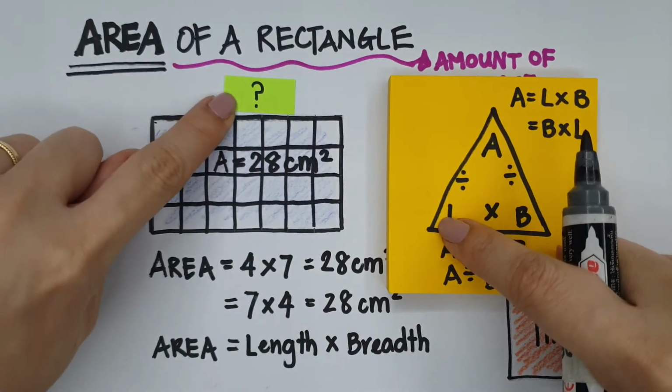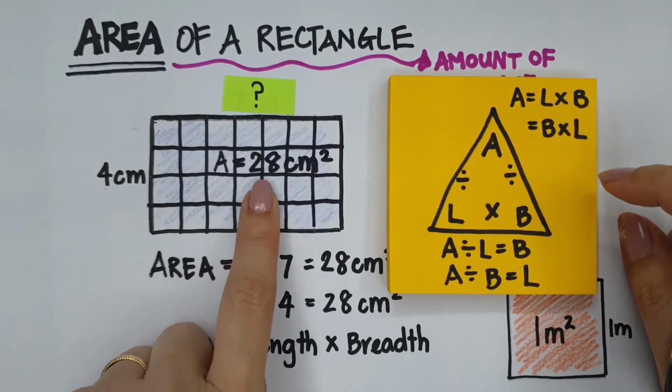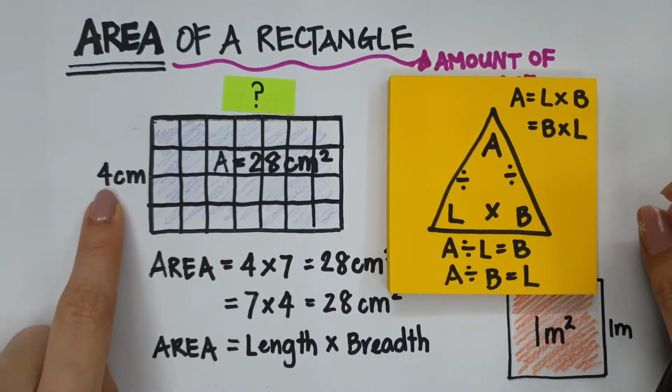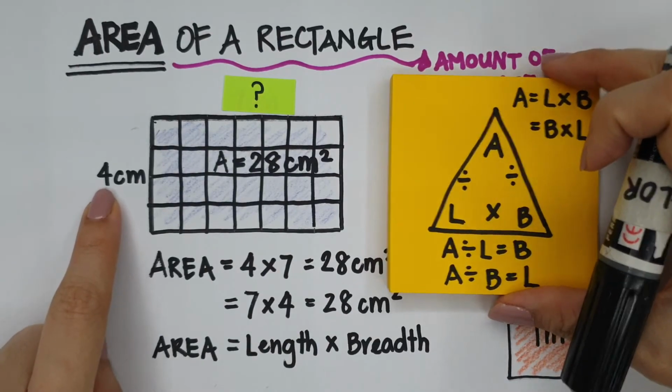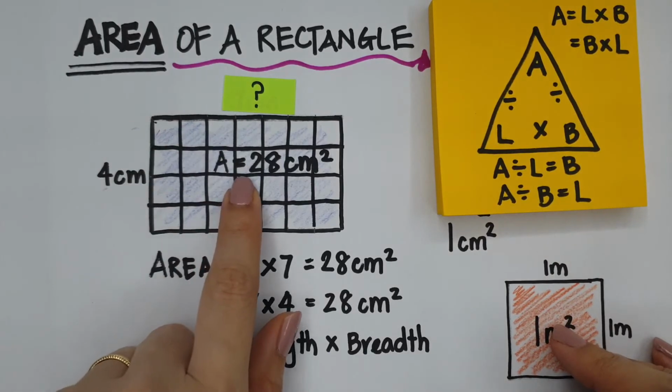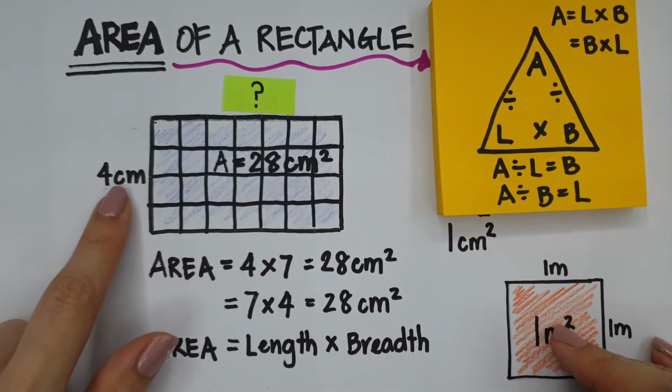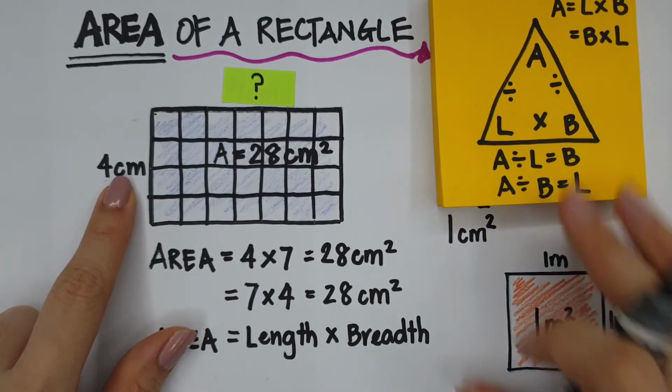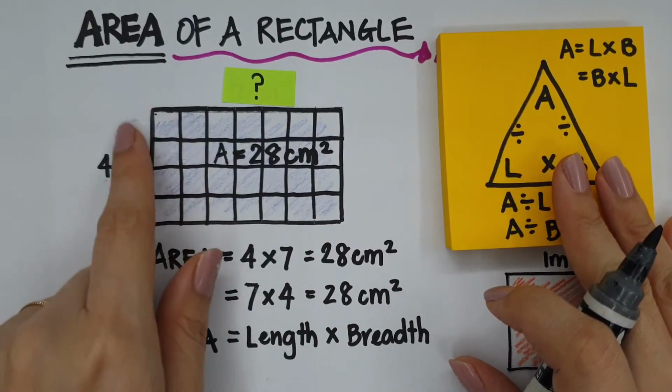Now I want to find the length here, so I'm just going to take the area divided by the breadth. So if I have an unknown length and I know the area, if they gave me the area and one of the sides of the rectangle, I can easily find the other length.